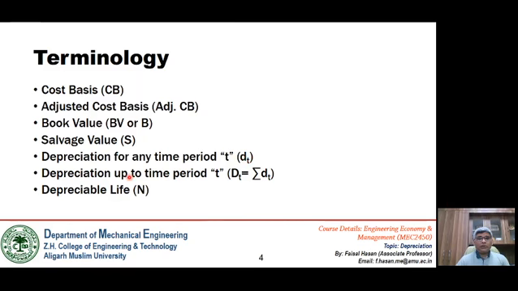The cumulative depreciation up to time period t will be denoted by a capital D with suffix t, and it will be the summation of all these d_t's up to time t. And n is the depreciable life.